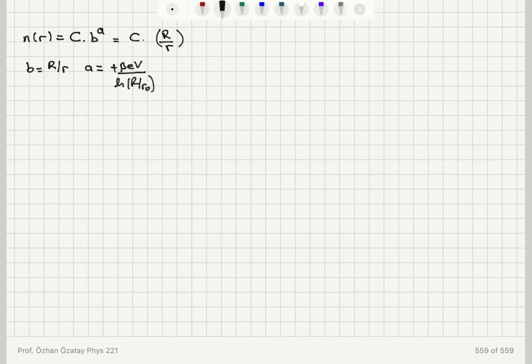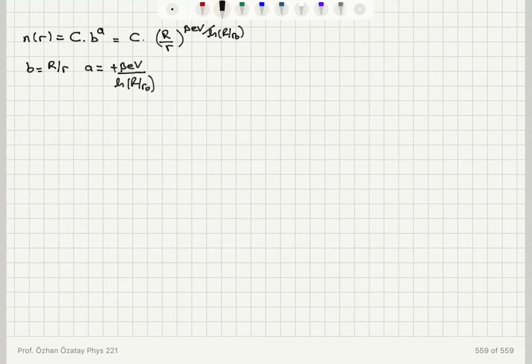So it's capital R over r to the power A, which is beta EV divided by natural logarithm capital R over R0.